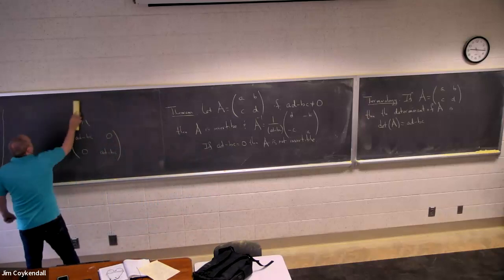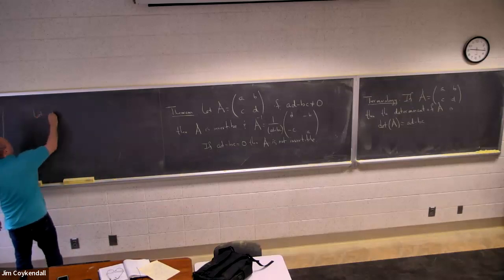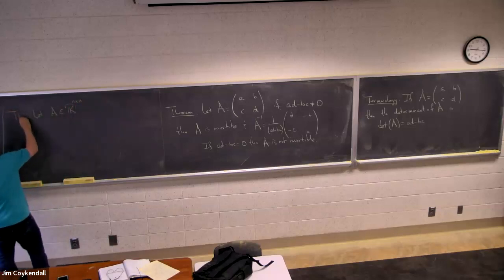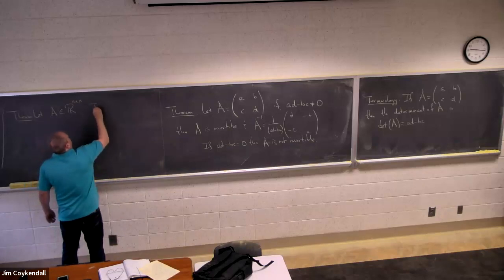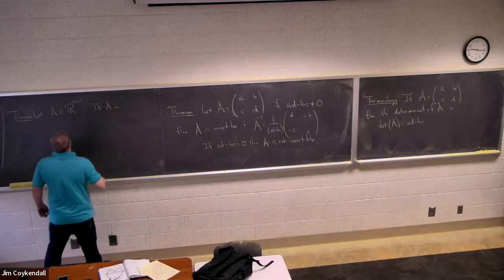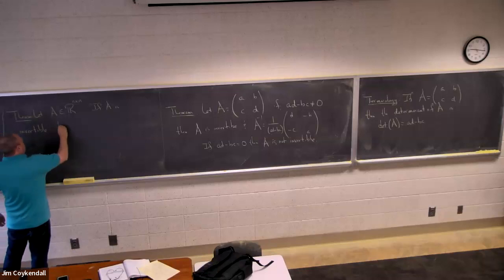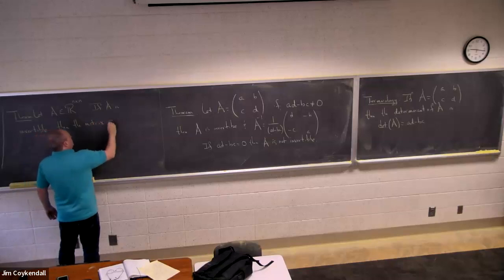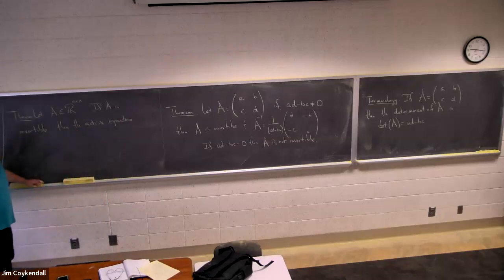Okay, so here is something. If A is invertible, then the matrix equation AX = B. Y'all remember us solving this?